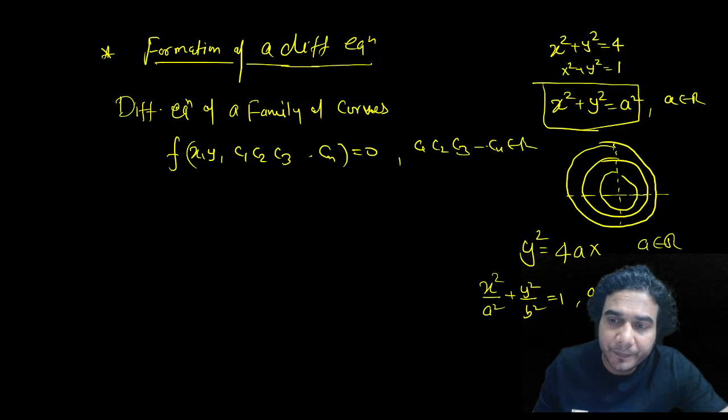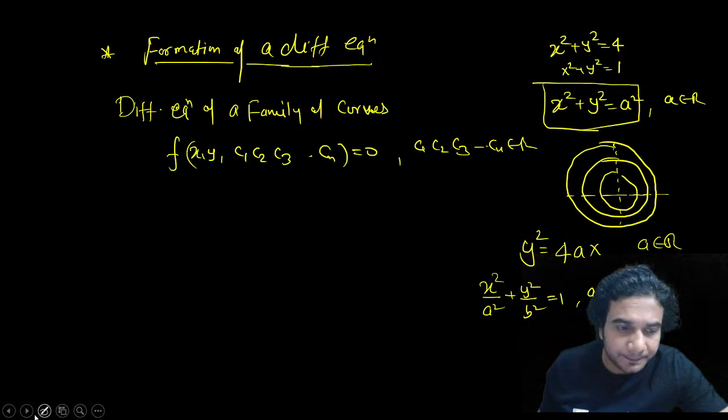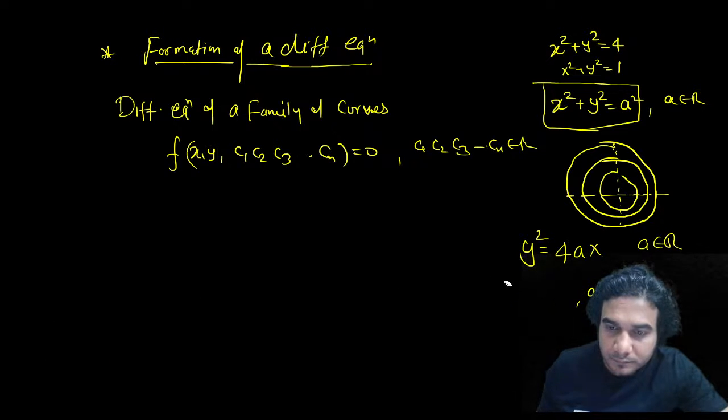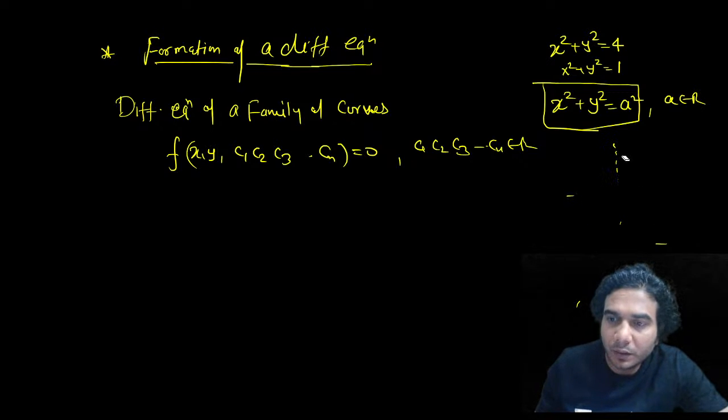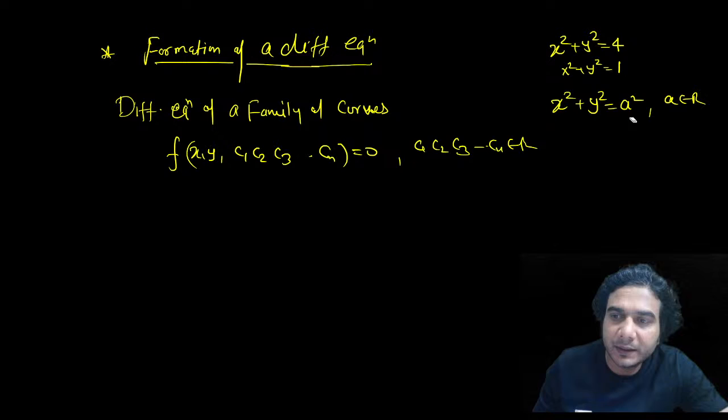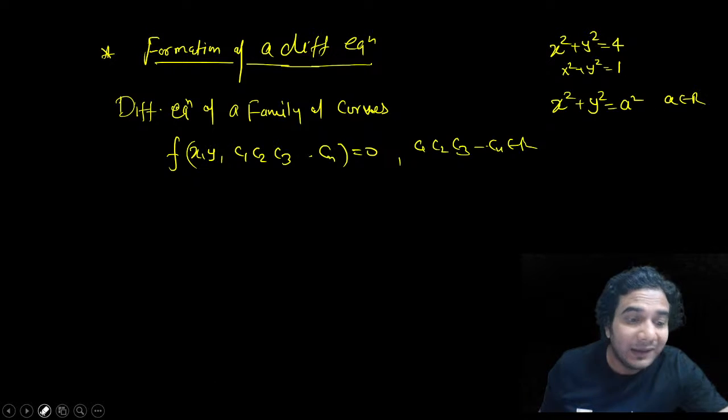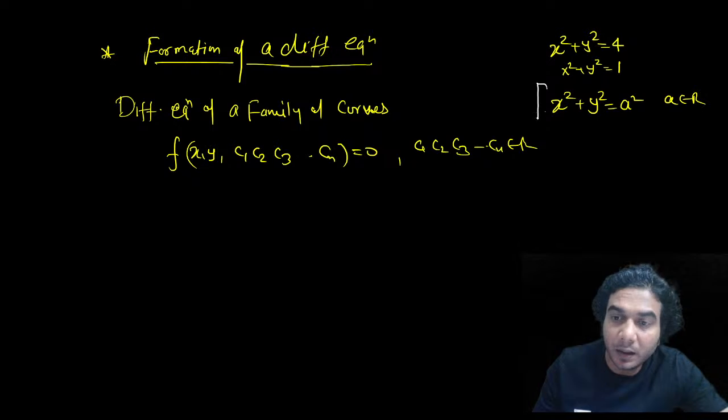What you need to do is start differentiating the curve to make the differential equation, and then eliminate the parameter. If it has only one parameter, you need to eliminate that parameter, because we know that in a differential equation there should not be any parameter.